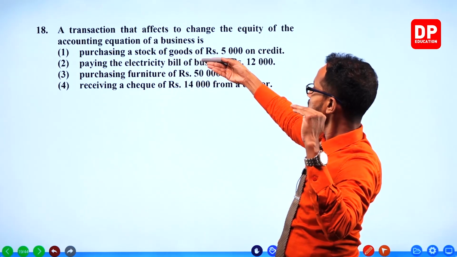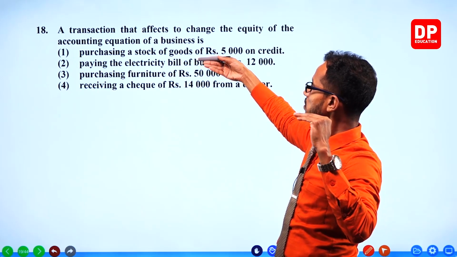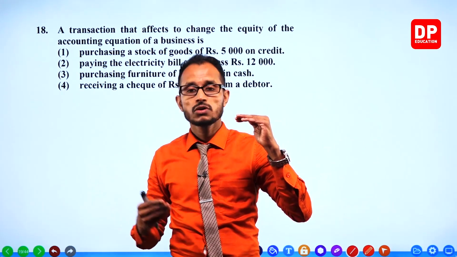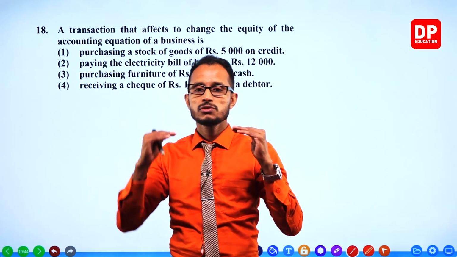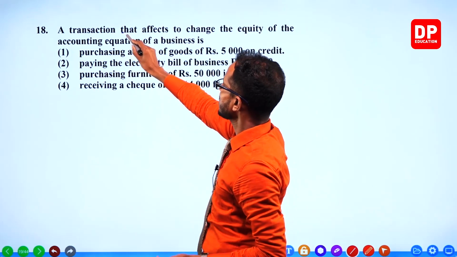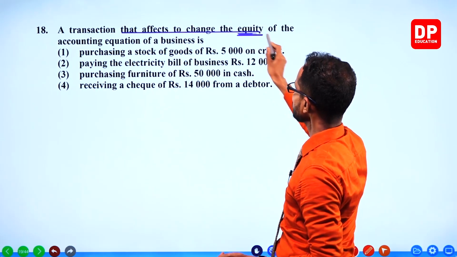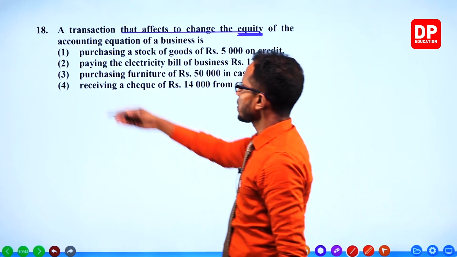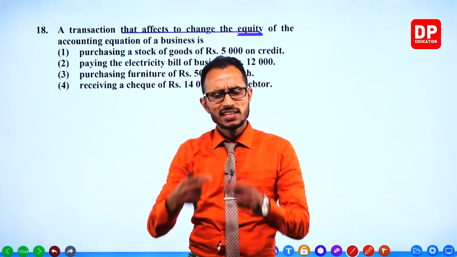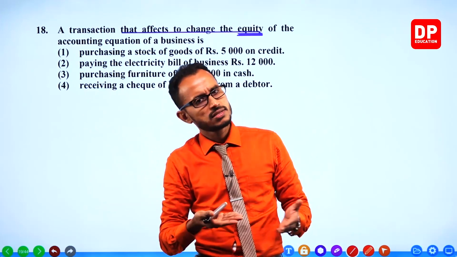But 5,000 goods bought on credit means we don't pay for that stock, which means on the other hand liability also increases. No equity change. Next, a transaction that affects equity: paying the electricity bill of the business. Well, paying the electricity bill, nothing comes into the business, nothing increases in the business.